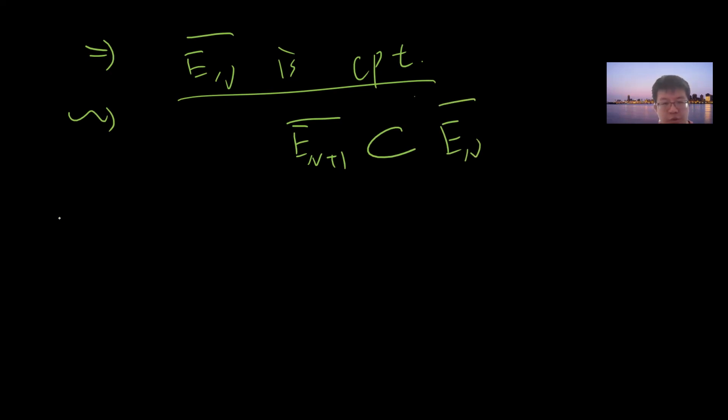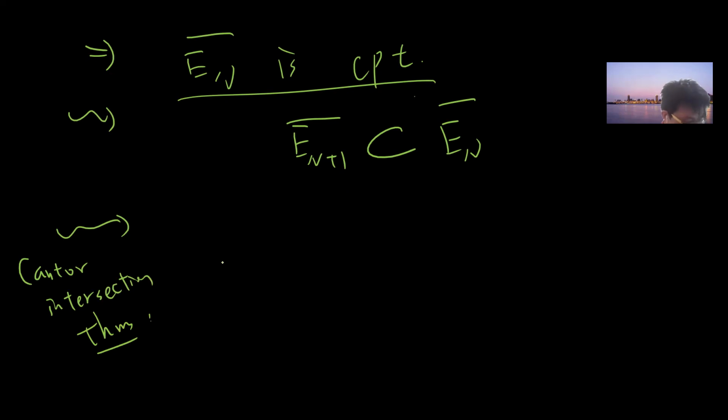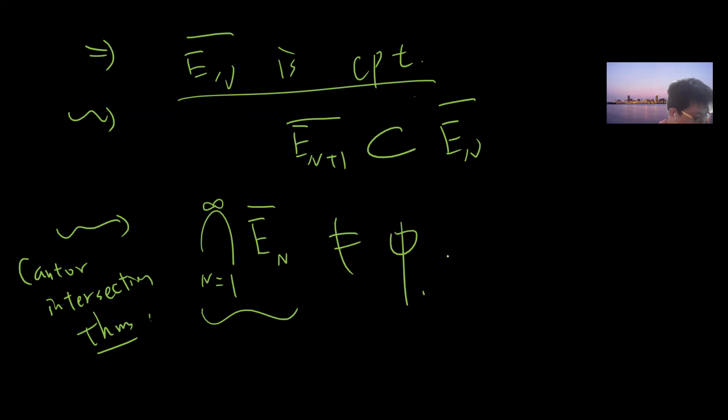So we can use the so-called Cantor intersection theorem. It says that for nested compact sets, there will exist at least one point in the intersection; it is non-empty.